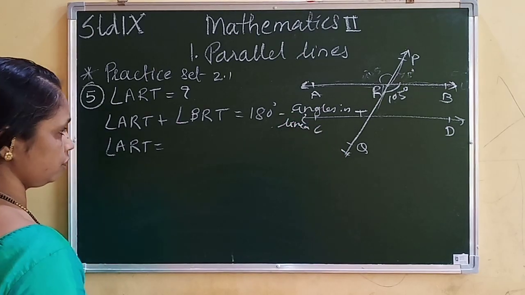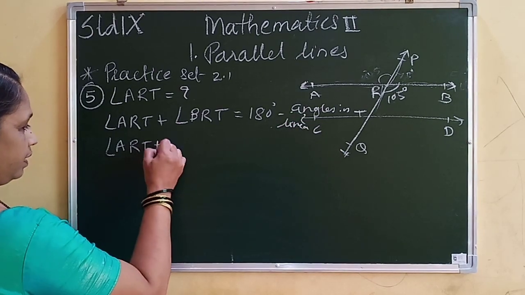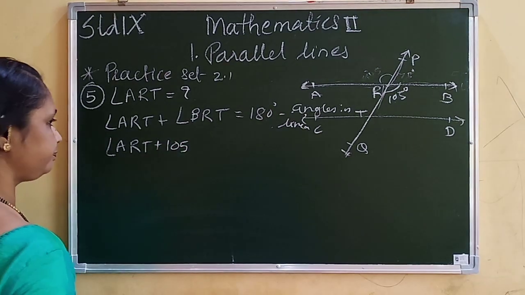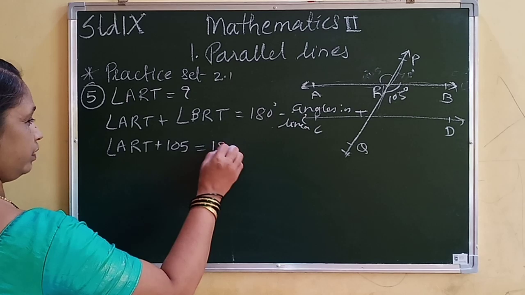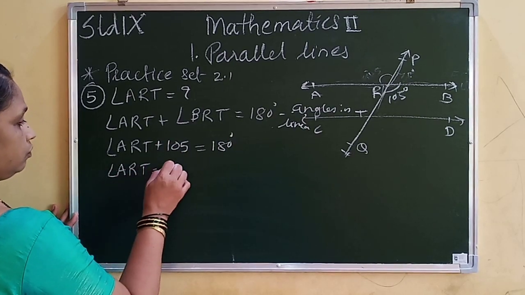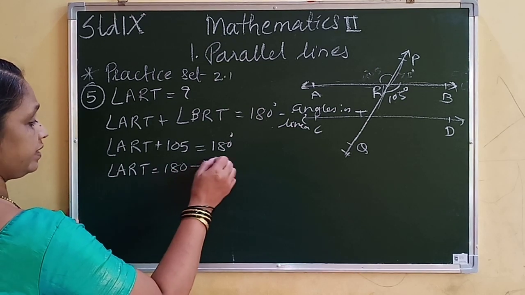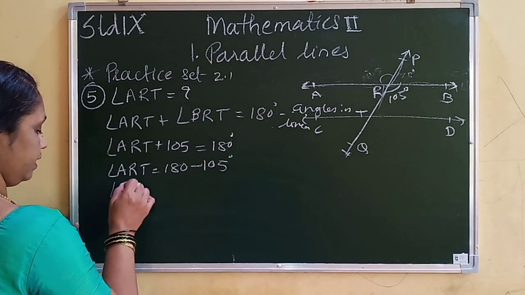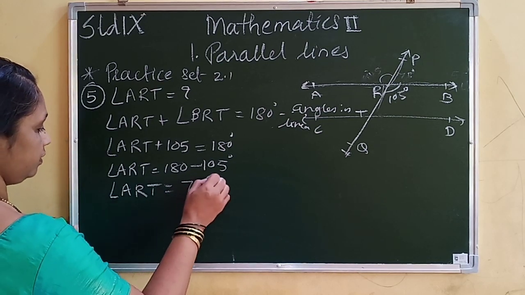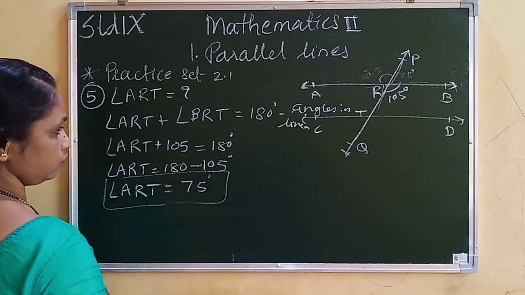So angle ART plus 105 is equal to 180 degrees. So angle ART is equal to 180 minus 105. Angle ART is equal to 75 degrees. Now you have got this.